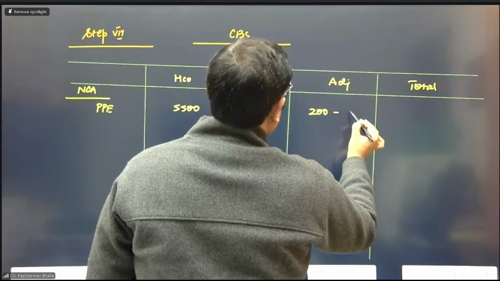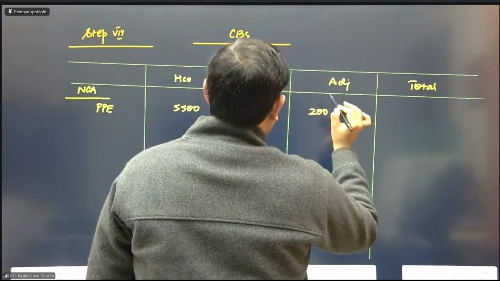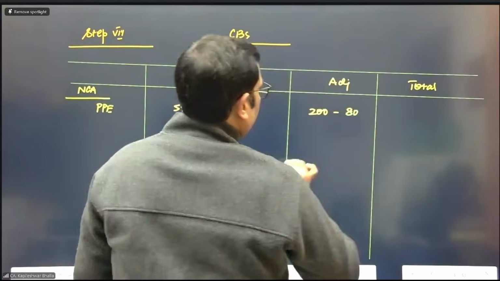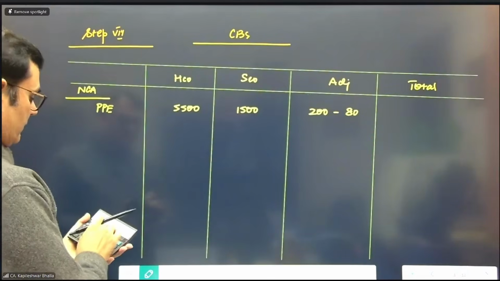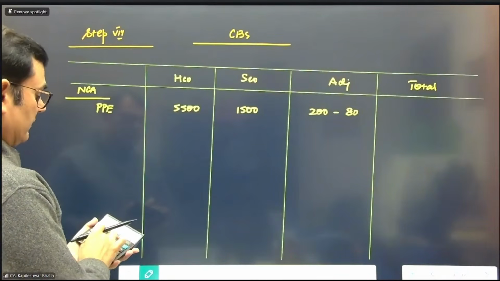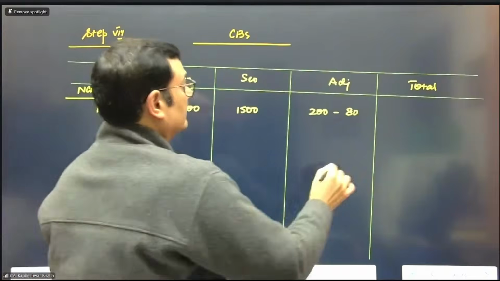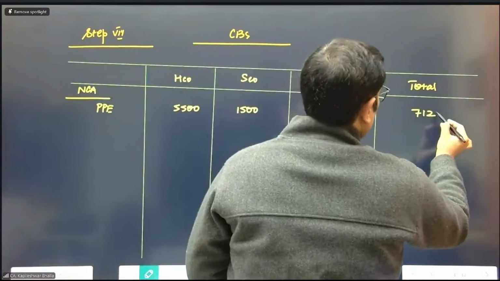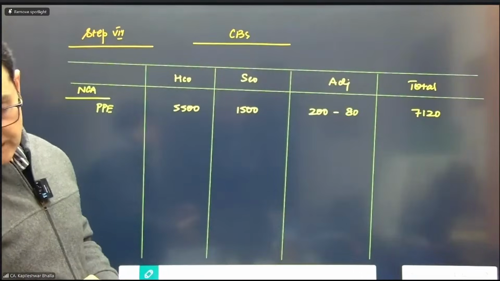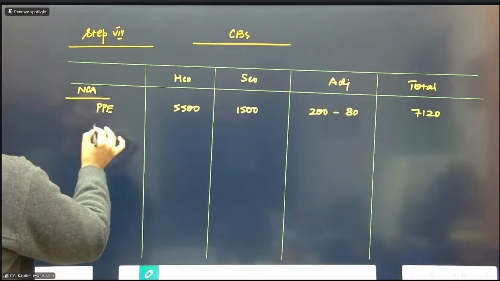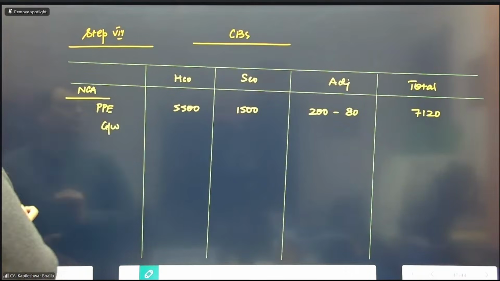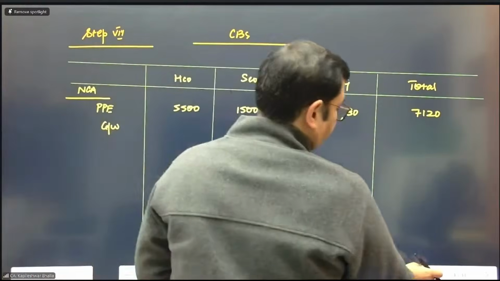And additional depreciation was, I think, 80, right? So 5,500 plus 1,500 plus 200 minus 80, that's 7,120. Investments will, of course, not appear in the balance sheet. Then we have got goodwill. And goodwill was how much? 1032.